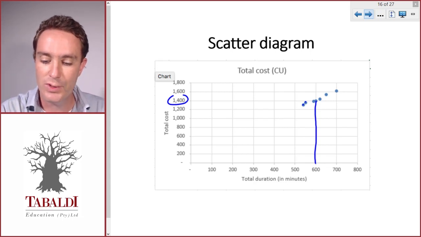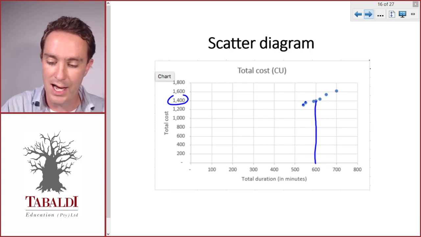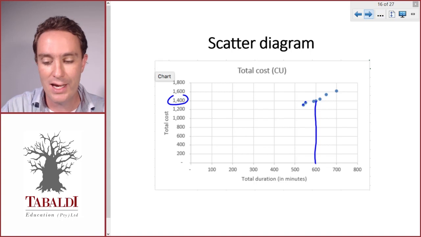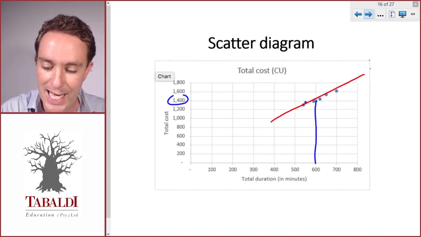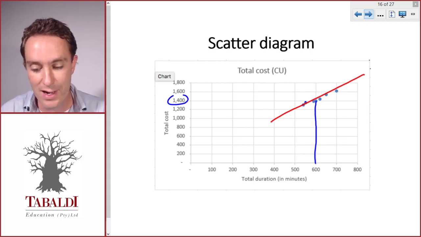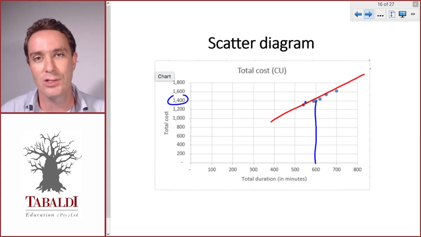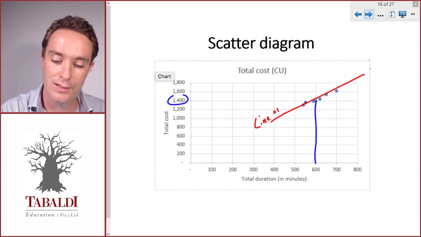Now let's see if we can draw a straight line through these observations. If we look at these observations, there's only really one way we can draw the line, and that would be in this direction. Exactly where we draw the line will still be slightly subjective, but if we look very closely, we should be able to draw at least some approximation of a straight line, or this line of best fit.